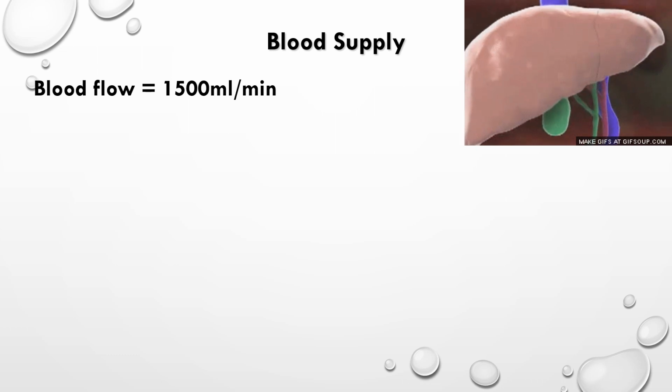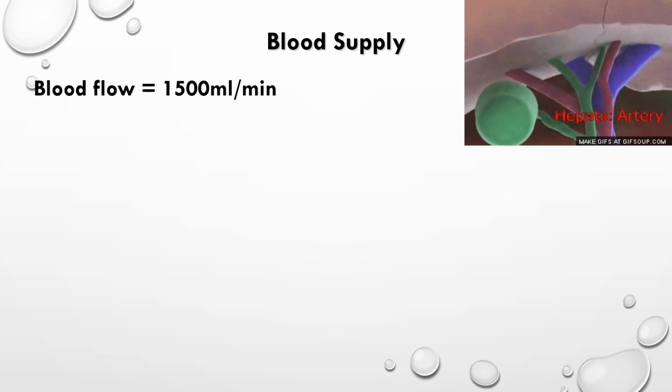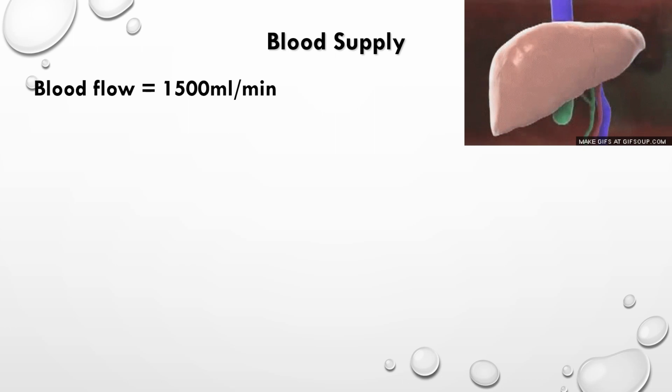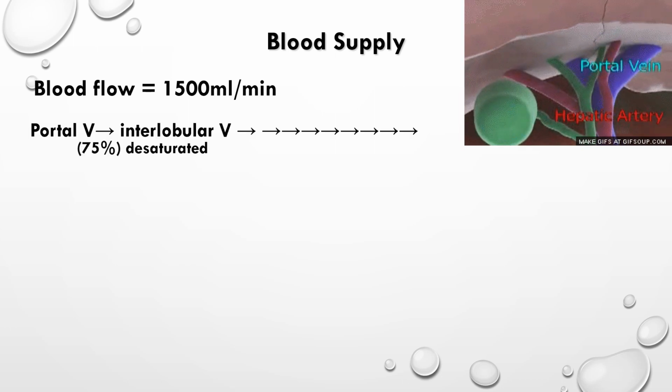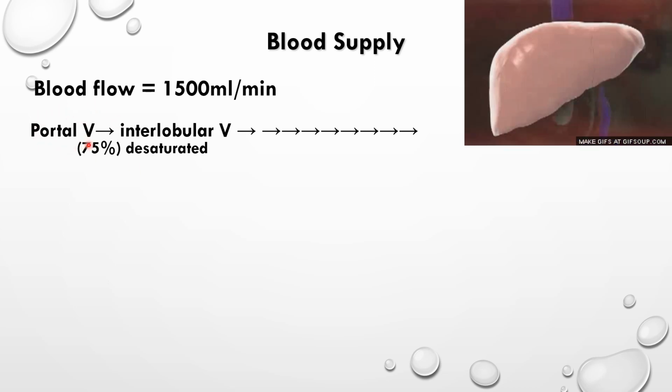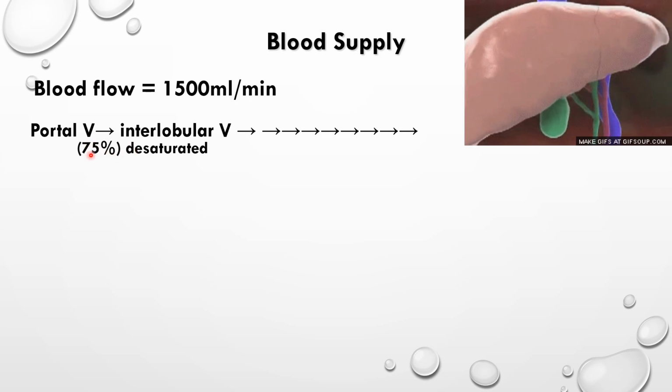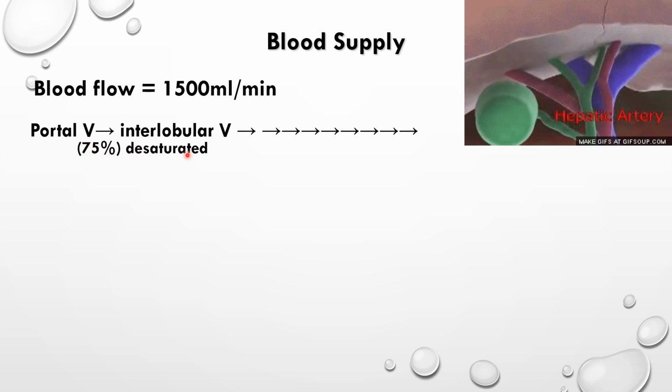Blood supply. The blood flow is 1500 ml per minute. The weight of the liver is 1500 grams, and the blood flow is also 1500 ml per minute. The portal vein supplies 75% of the blood, and from there it goes to the interlobular vein.